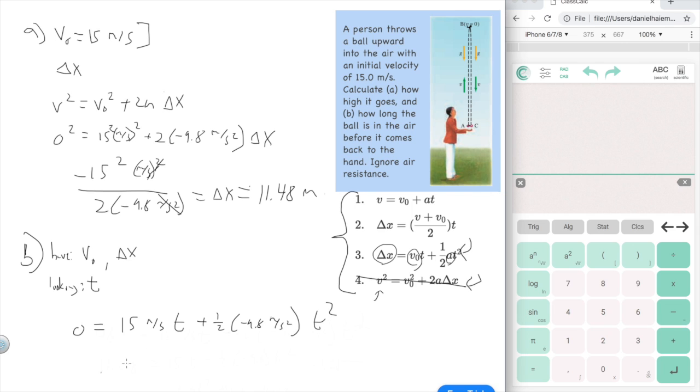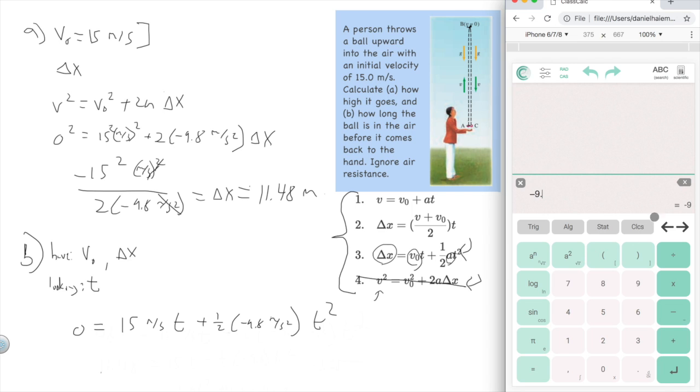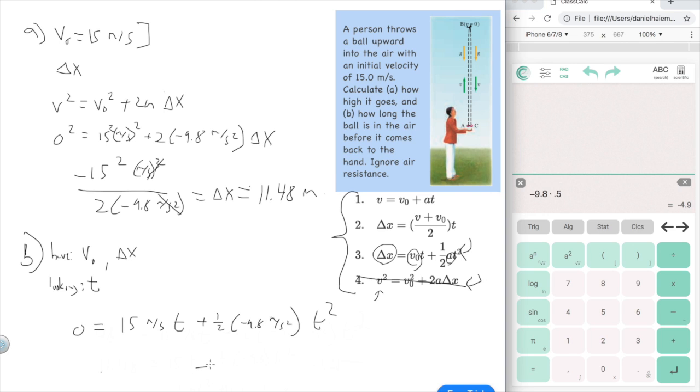Now solving for that, I'm actually going to do negative 9.8 times 0.5, which gives negative 4.9. So we have negative 4.9 t squared plus 15t equals 0.